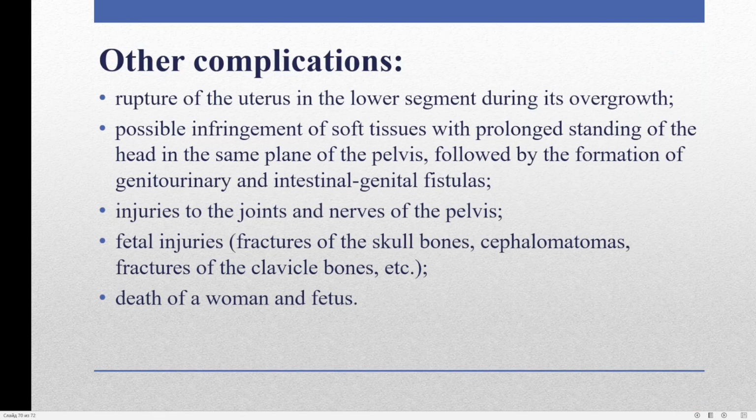Another possible complication is rupture of the uterus if it is not diagnosed correctly in time. With cephalopelvic disproportion, there is over-distension of the lower segment of the uterus, and as a result possible laceration or rupture of the uterus, or hysterorhexis.